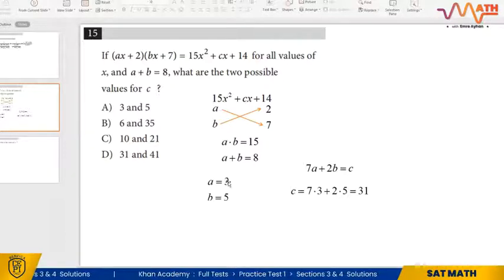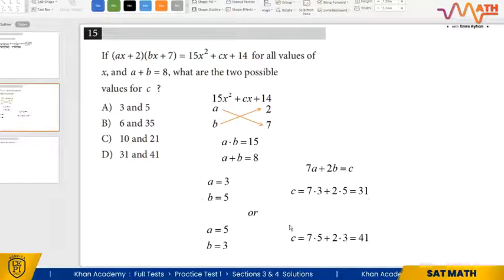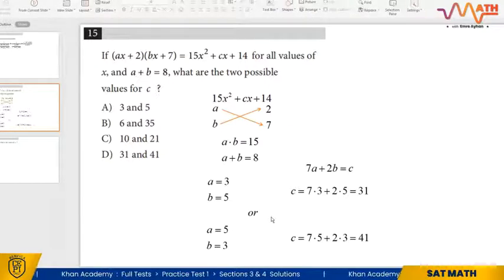If A is 3 and B is 5, when we substitute, C will be 31. Actually here the solution is over, because only 31 is in option D. But when we solve for the other possibility, A can be 5 and B can be 3. And flipped, it's going to be 41. Answer is D.